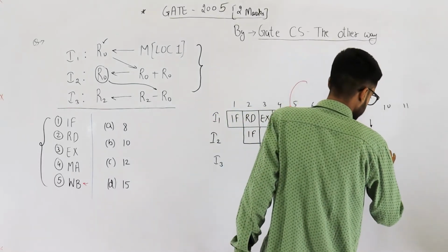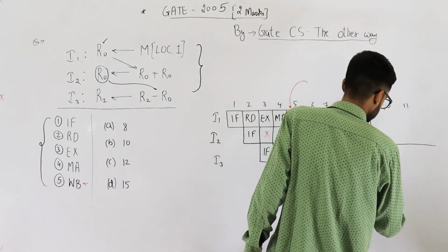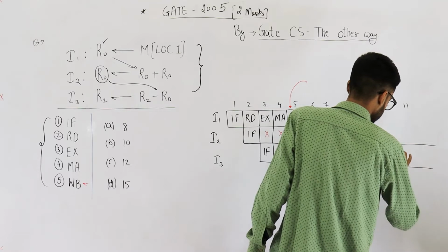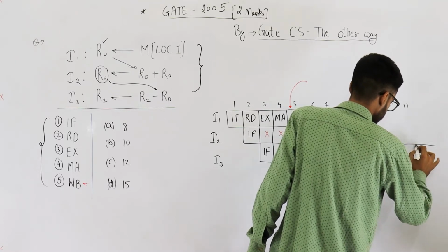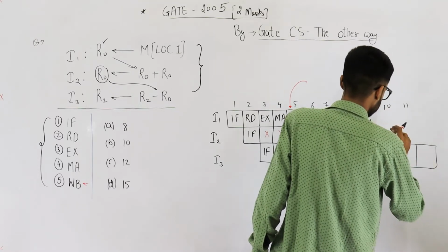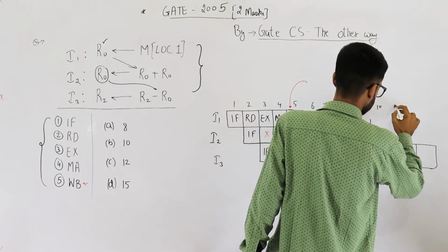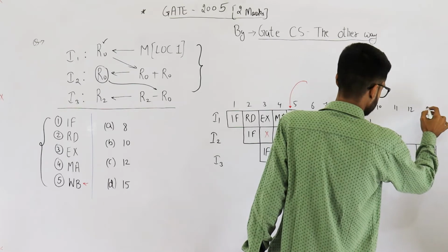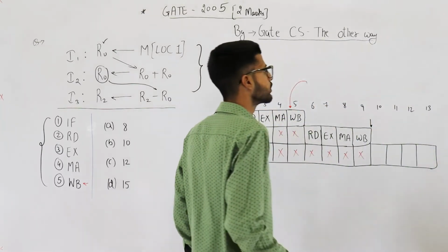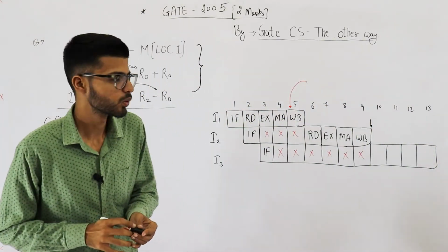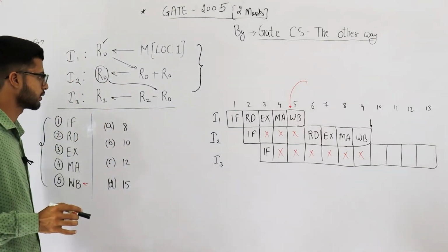So let's do that. It's going to take 13 clock cycles in total. We don't have 13 in the options.